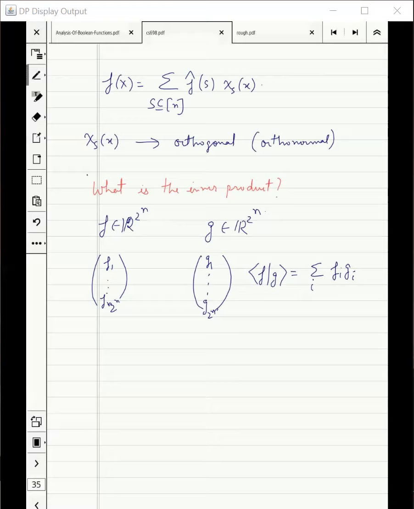When I write the truth table and view the last column as a vector in R to the power 2^n, instead of labeling the entries by i, I'm labeling them by input. And I'm putting the function value at the input as the entry. So f_i is f(x), where x is in some sense the ith input.